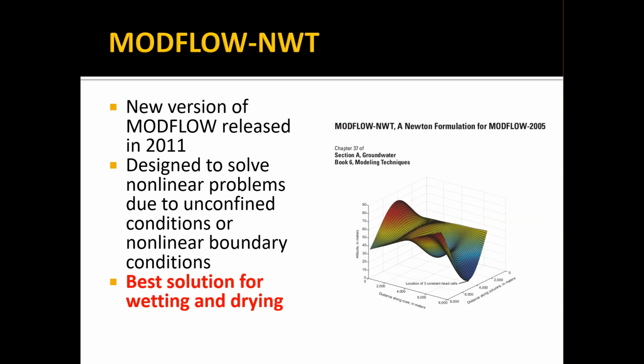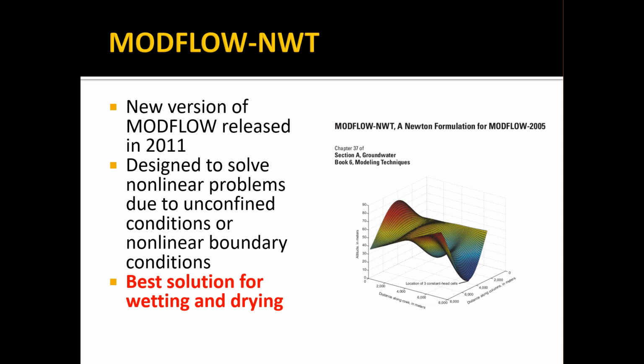It's one of the options in the global basic package dialog in GMS, and it's a special version of MODFLOW that was released in 2011 that one of its main advantages is it works extremely well for cases where you have wetting and drying issues.